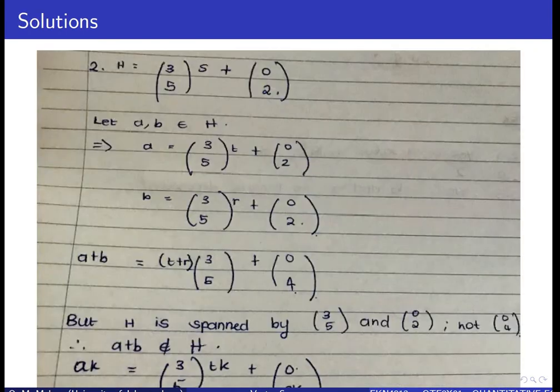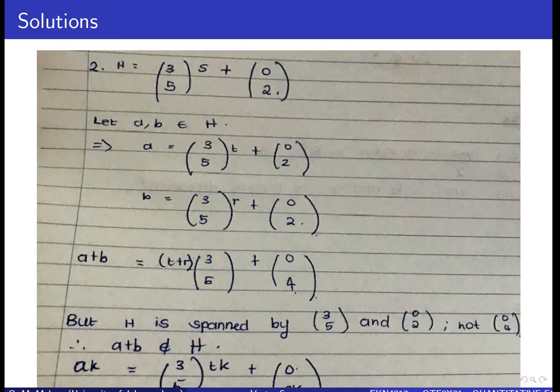I take 2 vectors in H as usual. So if I take 2 vectors in H, let A, B be in H, I know for sure that my A is t(3, 5) plus (0, 2), because A is in H. And I also take B, which should be r(3, 5) plus (0, 2), because it should look like elements of H, where r and t are just scalars, right?